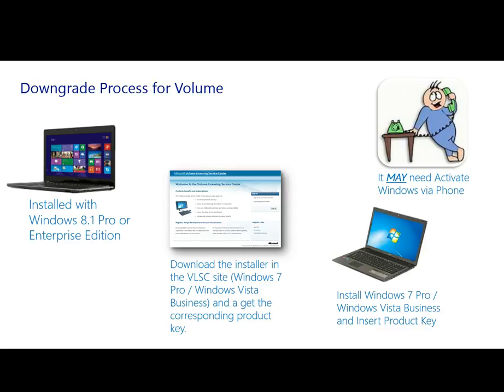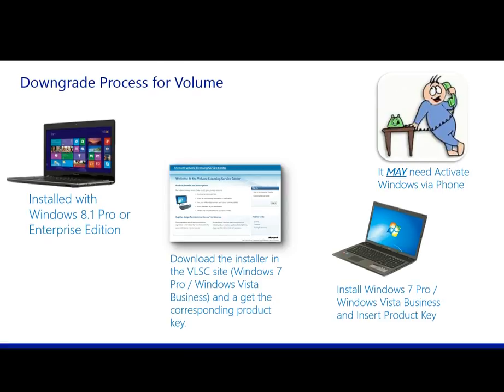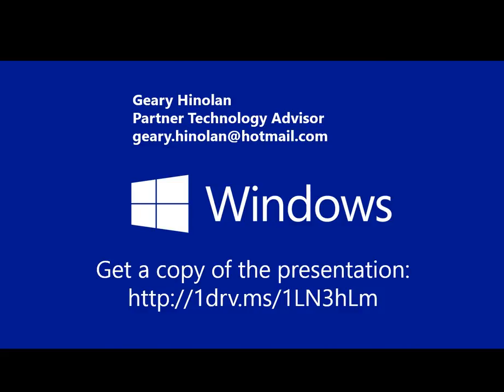Just in case it asks you for activation, then you just have to call Windows activation and tell them that I bought 8.1 Pro and I downgraded to Windows 7. Okay, so that's the Windows client licensing.